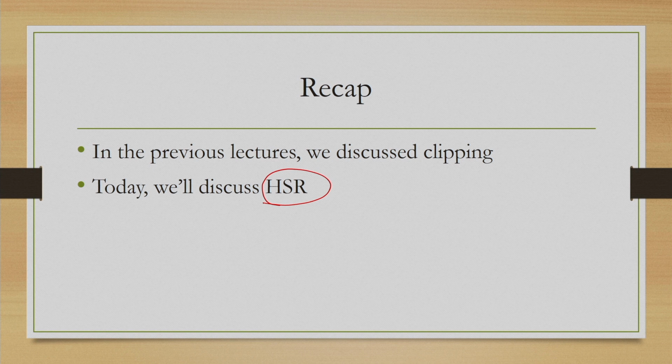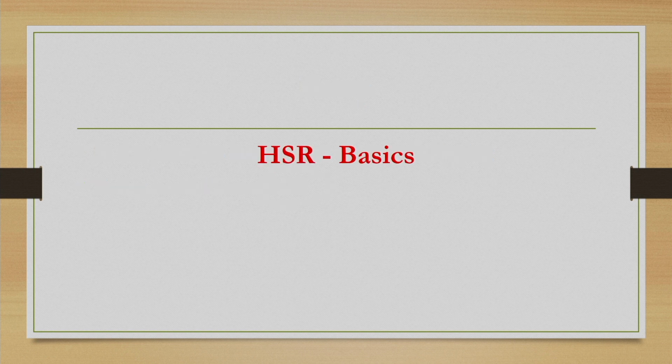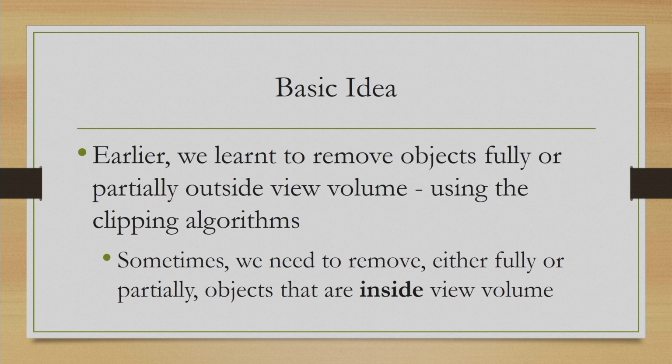Let us see what is hidden surface removal, what is the basic idea and how we can do this. Earlier, during our discussion on clipping, we have learned how to remove objects fully or partially that are outside the view volume.